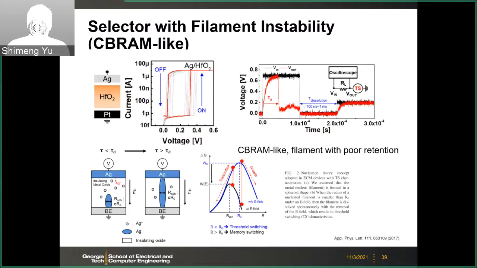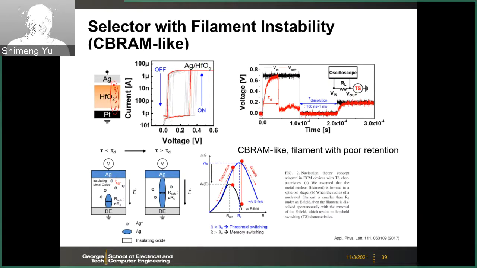And there's another selector based on the conductive bridge random access memory. So in this case, the idea is to have a very weak filament in the oxide. For example, here you drive the silver into the hafnium oxide, and if the filament is very weak, after the voltage is removed, the filament will dissolve by itself.